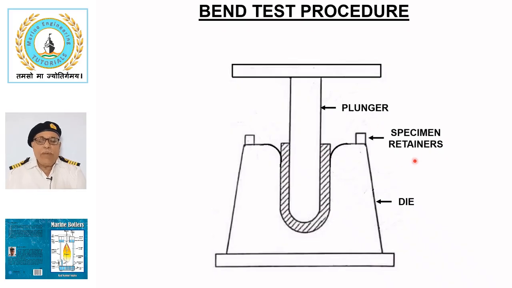The die is equipped with two retainers to hold the specimen in the correct position. Two rounded shoulders are provided on the die to guide the specimen when load is applied on the plunger.